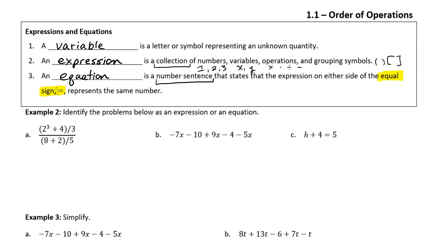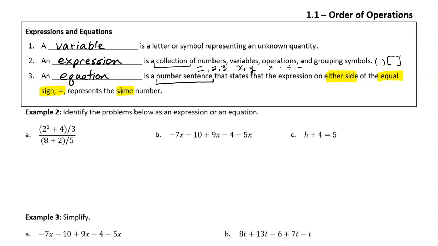That equal sign is telling me that either side of that symbol represents the same value. So an expression is just a collection of these objects. An equation has a left and a right-hand side with that equal sign in between.